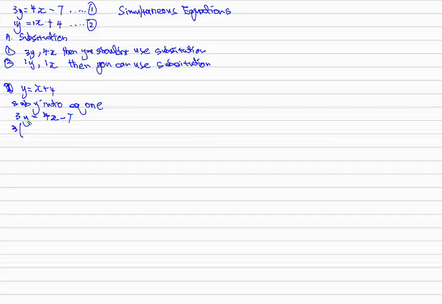The y here, we replace with x plus 4, so 3 times (x plus 4) equal to 4x minus 7. Multiply the 3 inside to remove the bracket, so it's 3x plus 12 equal to 4x minus 7.